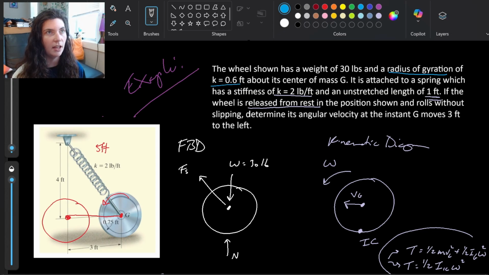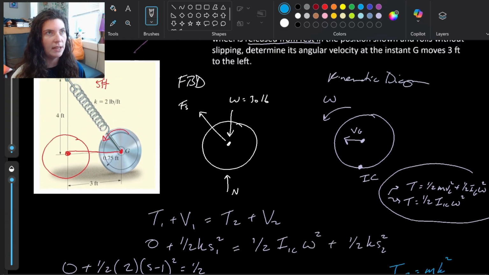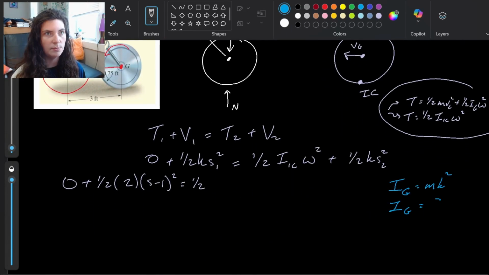So with that k value about G, kG is 0.6. That tells us IG is m times k squared. My mass, 30 pounds is his weight, so his mass is going to be 30 over 32.2 times the k value of 0.6, squared. And that gives me IG.